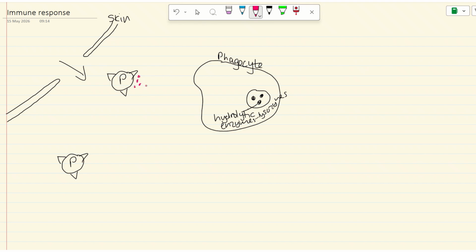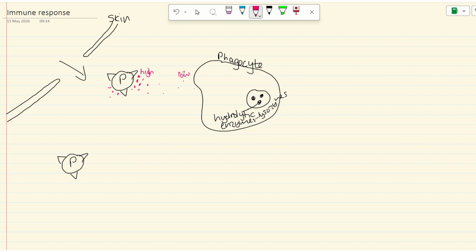The chemicals are at a high concentration near the pathogen, but they become present in a low concentration the further away you go. So the concentration gradient of the chemical secreted is high near the pathogen, but low the further away you get. And the phagocyte just detects that very, very low concentration of that chemical being released.